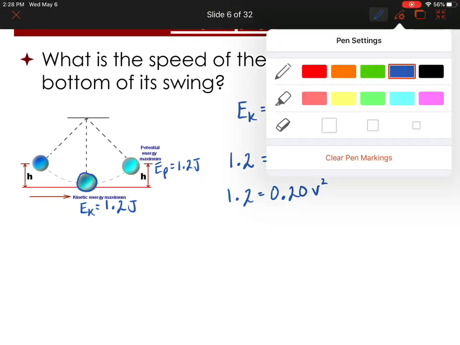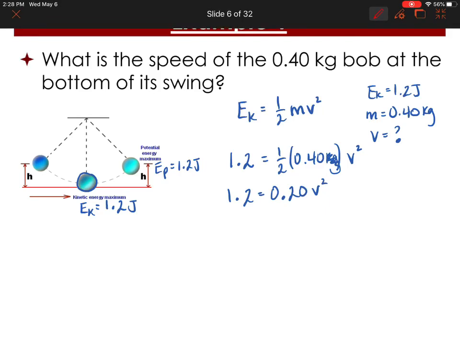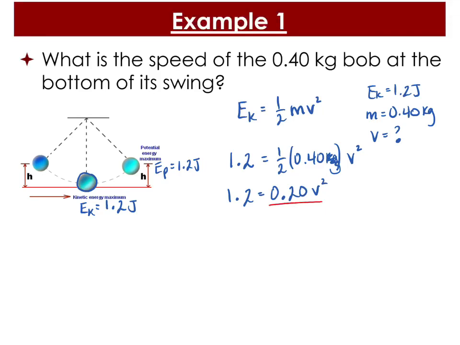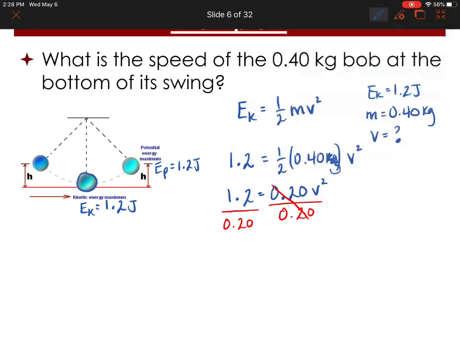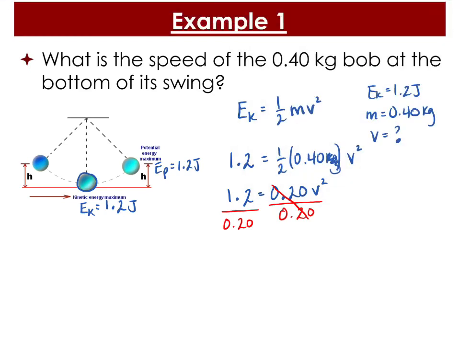I want to figure out velocity. Right now I'm multiplying by 0.20, so I have to do the opposite and divide both sides. That gets rid of that there. 1.2 divided by 0.2 gives me 6. But remember, that's equal to the velocity squared, not the velocity.